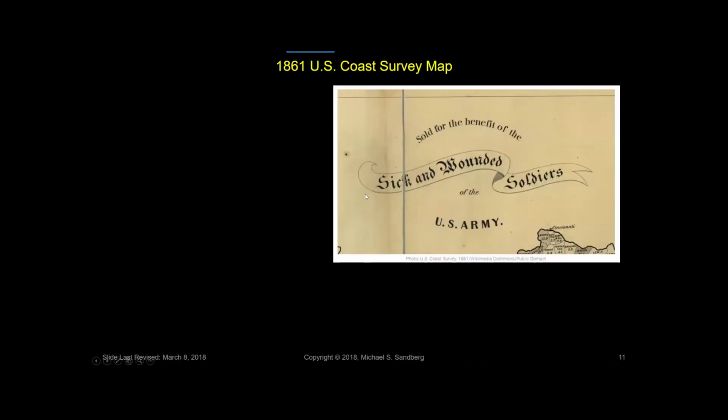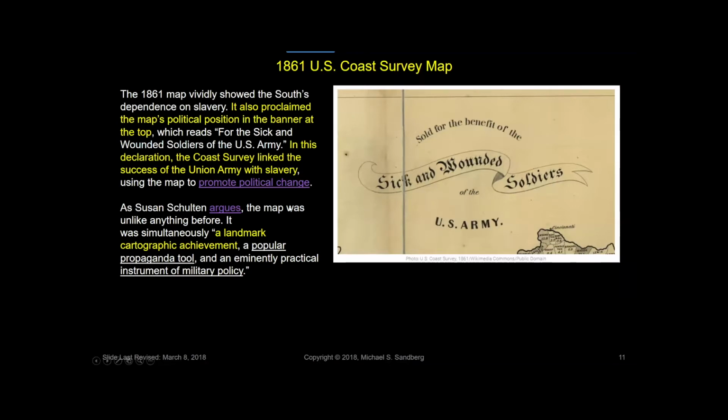The other thing, where we talk about the political aspects of the map, is at the top of the map, they put the words "sold for the benefit of the sick and wounded soldiers of the U.S. Army," and they sold it to raise funds to help the Union troops.